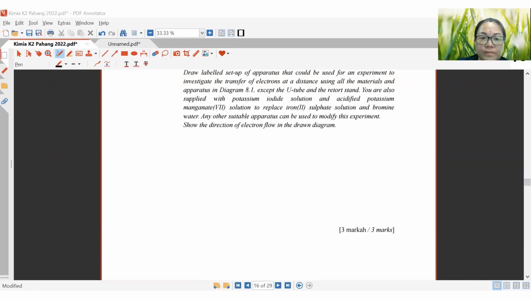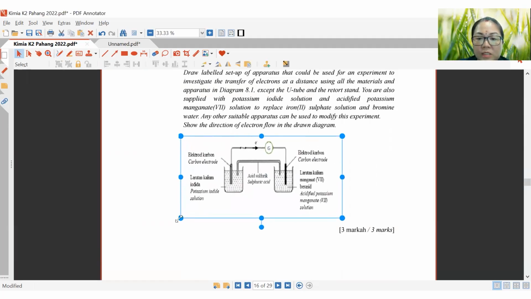So firstly, you need to know what is going on. Normally what is closely related to U-tube is the experiment which includes a salt bridge. So the diagram is roughly like this.